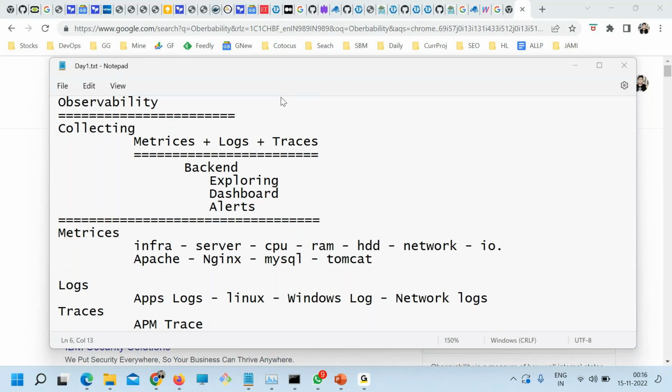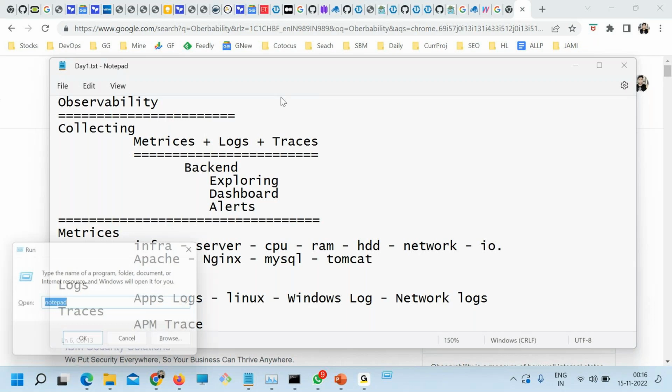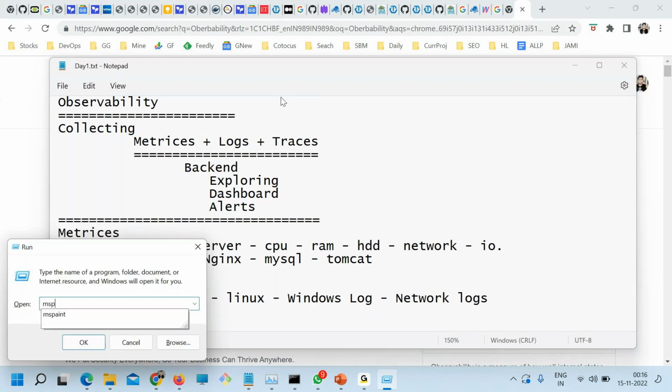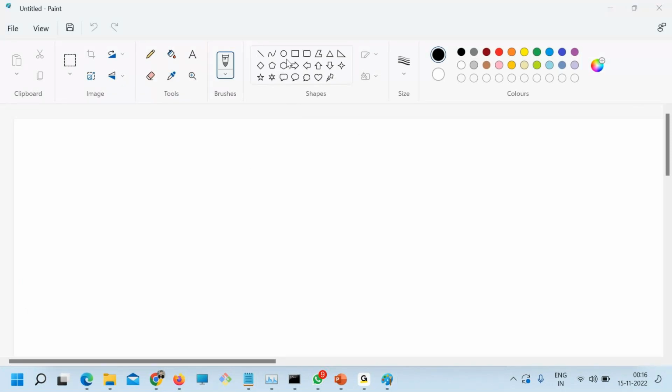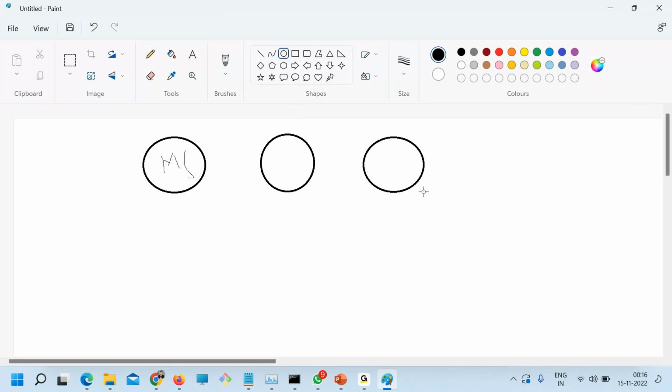Yes. So let me draw pictures, that will be easy for us to discuss. What you said here, this is one microservice, and there's another microservice which we have here, and then another microservice here.